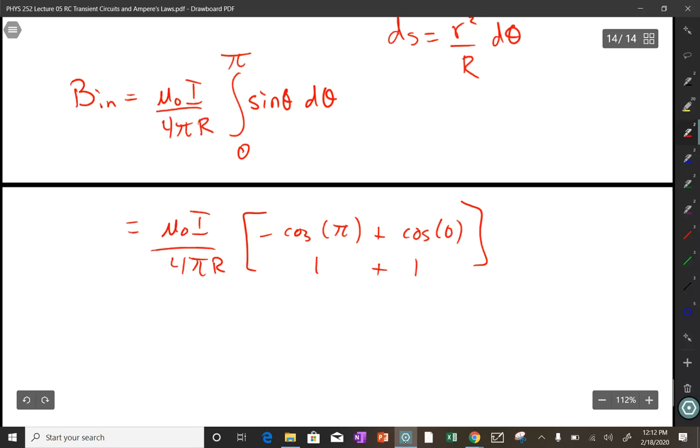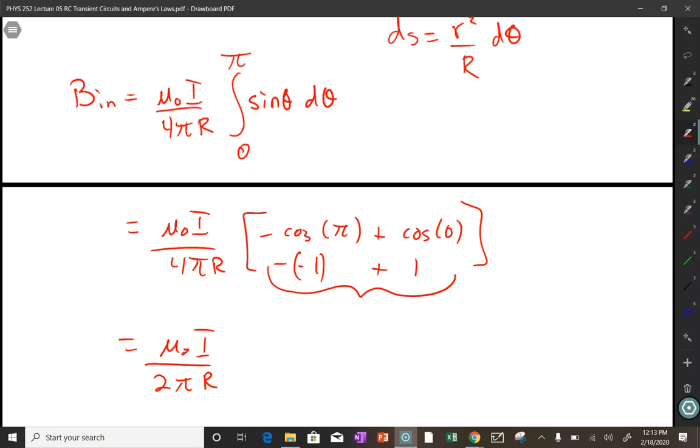It's going to be 1 plus 1, which is 0. Negative 1. No. Negative a negative 1. This negative is there.